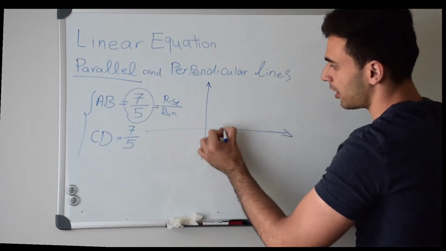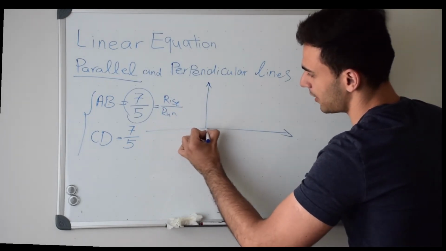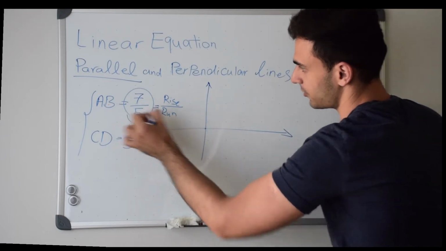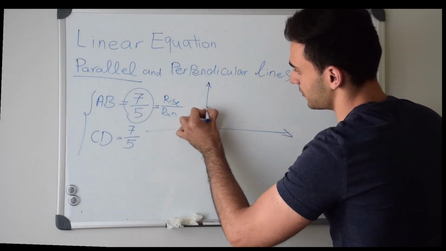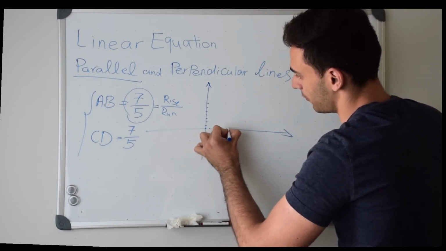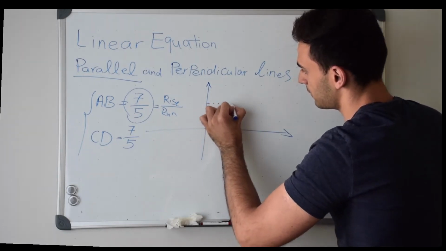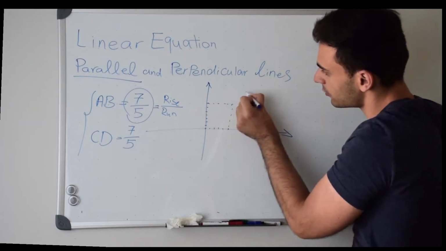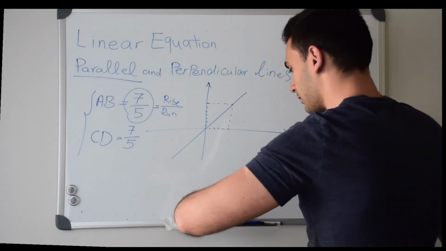So rise is 7. I'm going to start from my first line: 1, 2, 3, 4, 5, 6, 7, and then 1, 2, 3, 4, 5 here. So this is the first line, and now the second line.